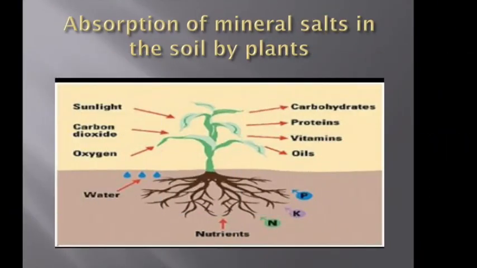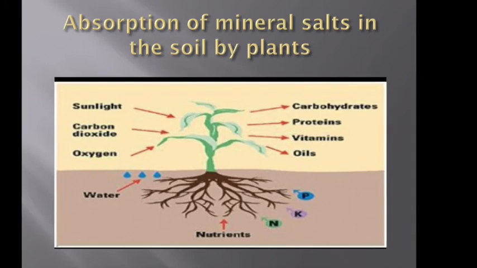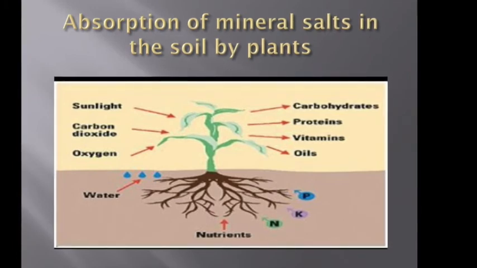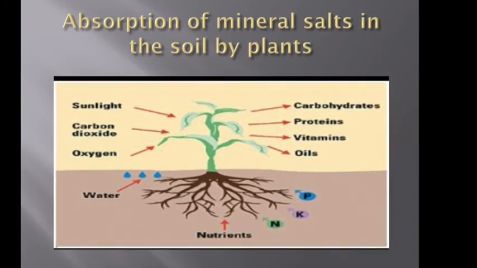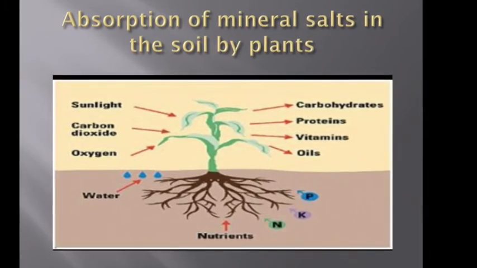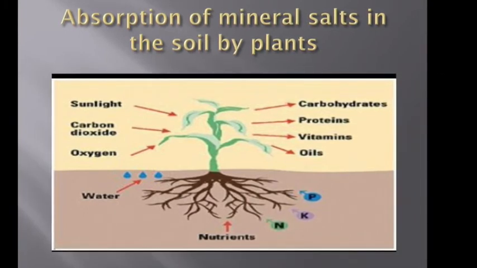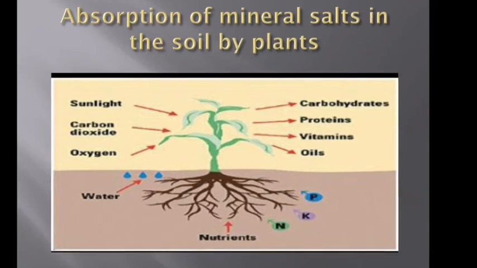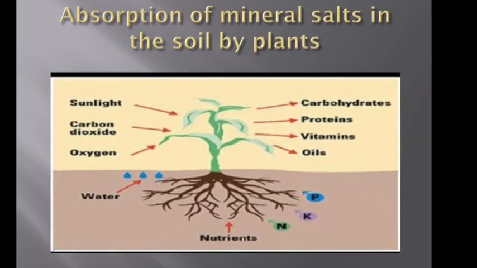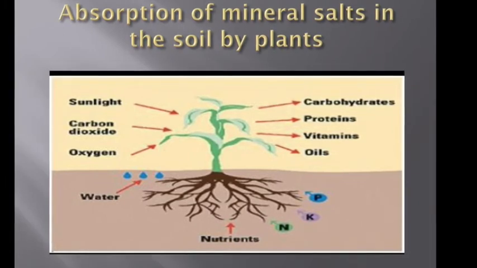Another example of diffusion in plants is the absorption of mineral salts in the soil by plants. Beneath this diagram is written nutrients, and we can see N standing for nitrogen, K for potassium, and P for phosphorus. These are nutrients that are necessary for the growth of plants.